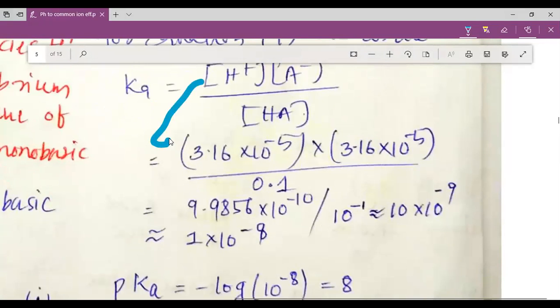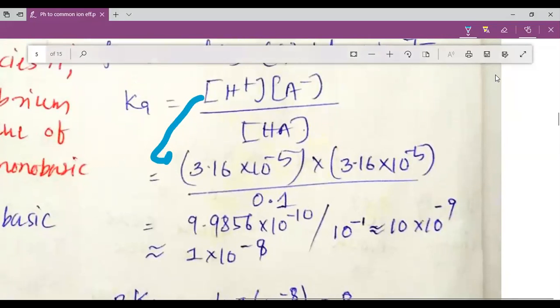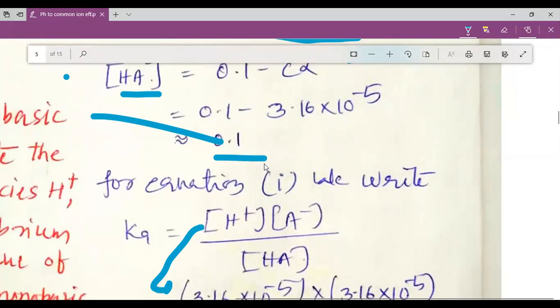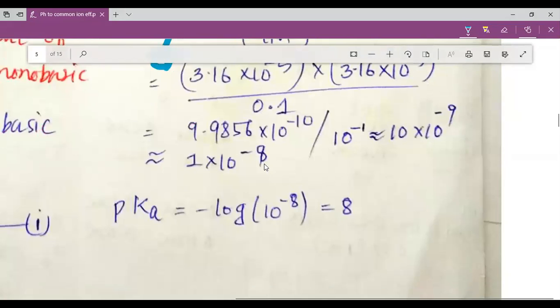The concentration of H plus is 3.16 into 10 to the power minus 5. The concentration of A minus is also 3.16 into 10 to the power minus 5. And the concentration of HA we have just calculated is equal to 0.1. So we will put these values, and by doing the simplification we can find the value as 1 into 10 to the power minus 8.